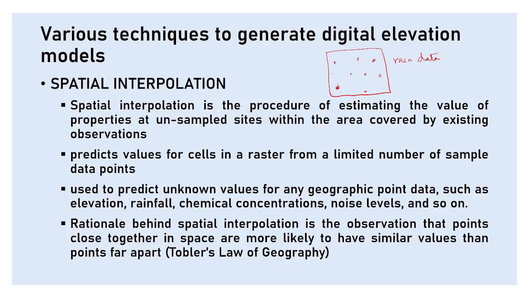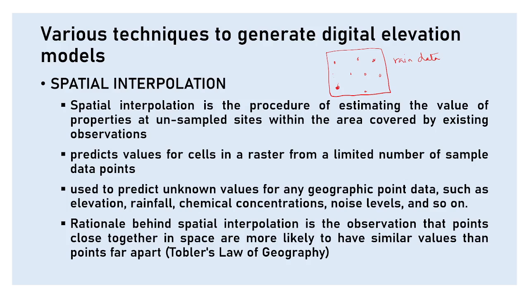So this basically predicts values for cells in a raster from a limited number of sample data points. If you have just, let's say, 8 sample data points, you can actually predict values for all the remaining cells using just these points.